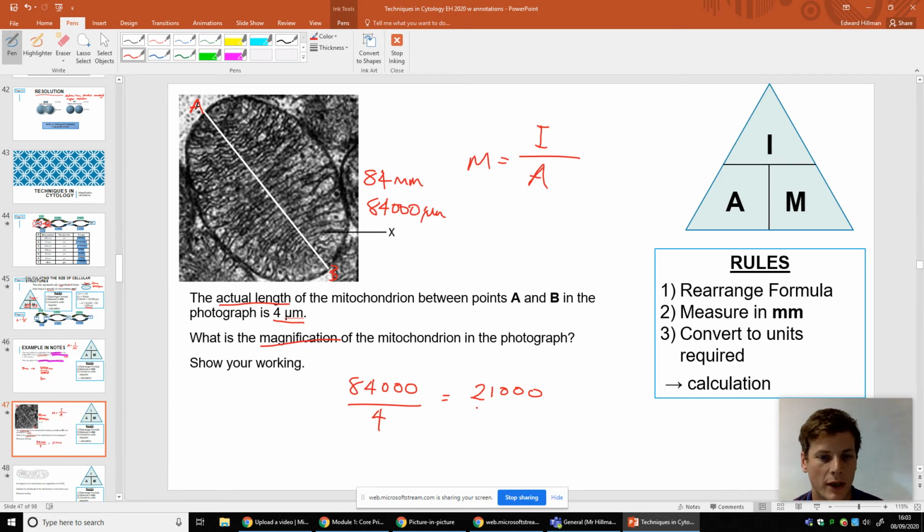I actually allowed a little bit of tolerance with this question, so any measurement between 83 millimeters to 85 millimeters would have given you a magnification close to 21,000 times, and that was acceptable. Okay, but it's not a lot of tolerance. Tolerance of 2 millimeters, 1 millimeter either side.